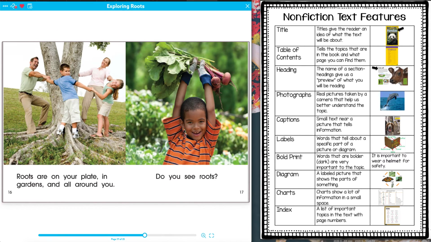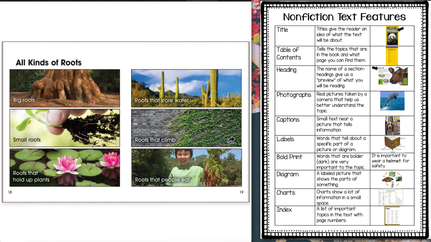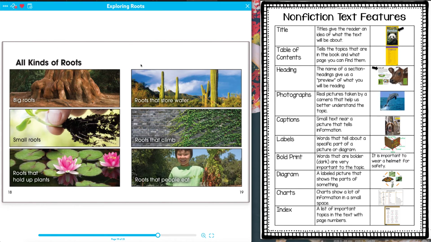Roots are on your plate, in gardens, and all around you. Do you see roots? Alrighty, and then back here we have a glossary. Now glossary is not on this anchor chart, but a glossary is a page that has some words, and then it gives you either pictures to help you know what it is, or it explains what it is.